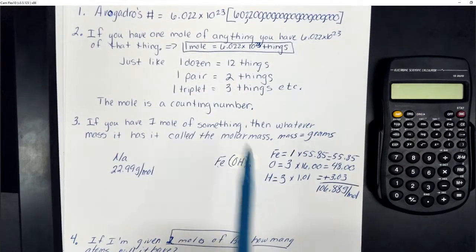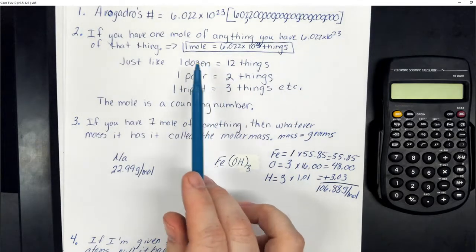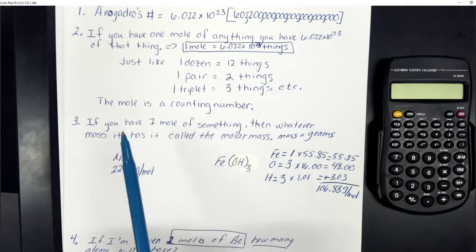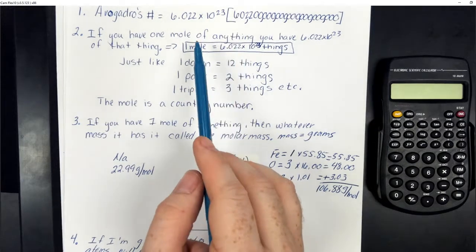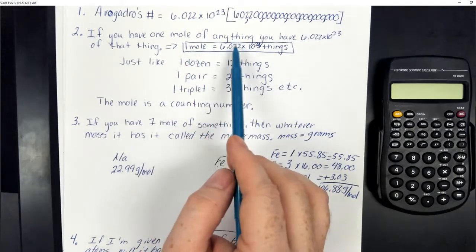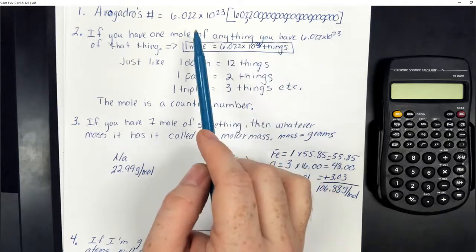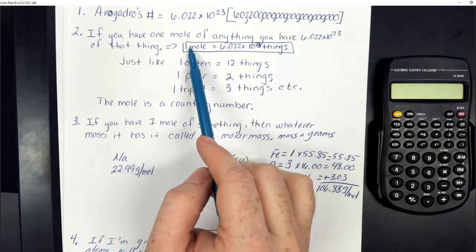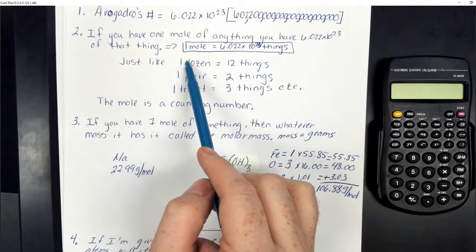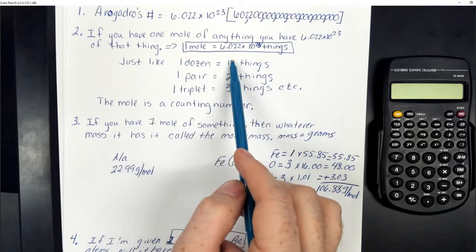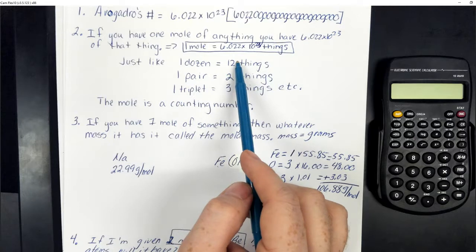If I have 1 dozen things, then I have 12 things. How many things do I have if I have 2 dozen? Obviously 24, correct? Well, if I have 1 mole of something, then I have 6.022 times 10 to the 23rd of whatever that thing is. If I have 2 moles, then I have double this number. Just like if I have 2 dozen things, then I have double the number of things.